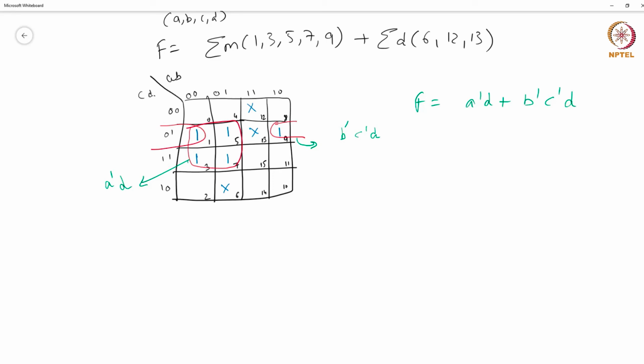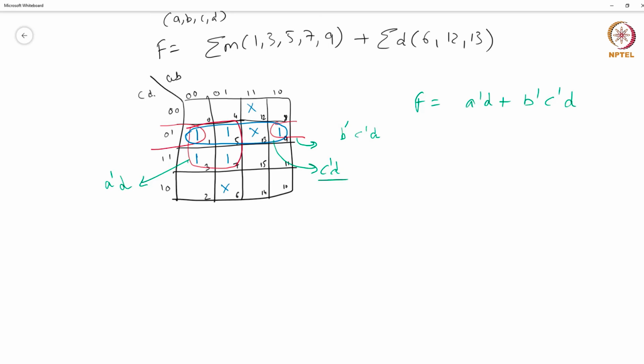For example, this particular x, this 13, can help me in creating a bigger cube. So I can go ahead and create this cube. This cube will have fewer literals and would be only C dash D.